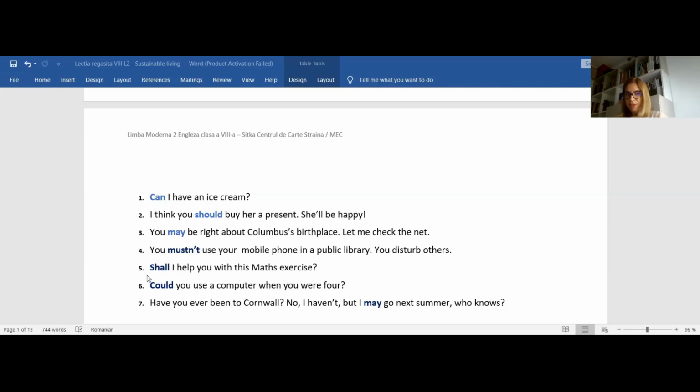In sentence number 5, we offer ourselves to do something. In sentence number 6, we ask about somebody's ability to do something in the past. And in sentence number 7, we have the idea of possibility of going next summer somewhere.